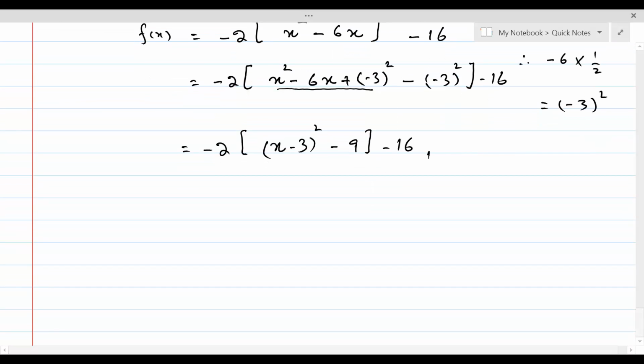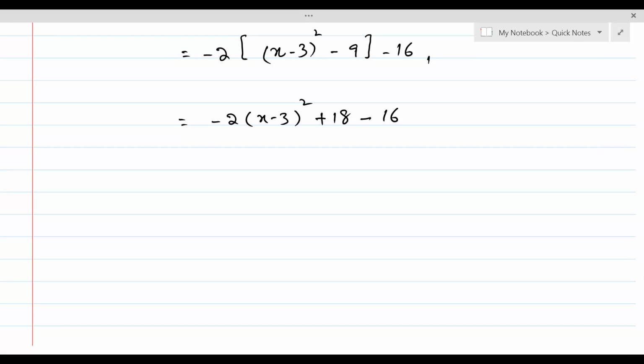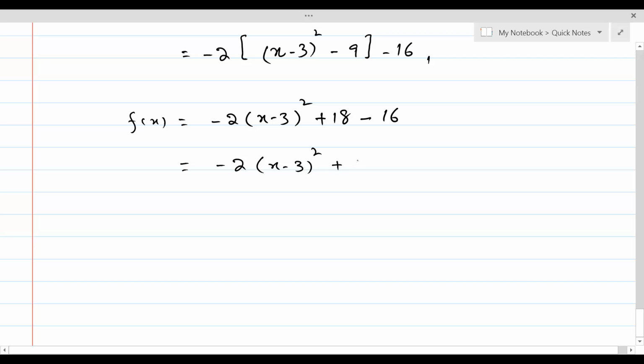Now we can multiply minus 2 inside as well. So this gives us minus 2 (x minus 3) whole square. Negative 2 times negative 9 becomes plus 18 minus 16, so f of x equals minus 2 into (x minus 3) whole square plus 2.